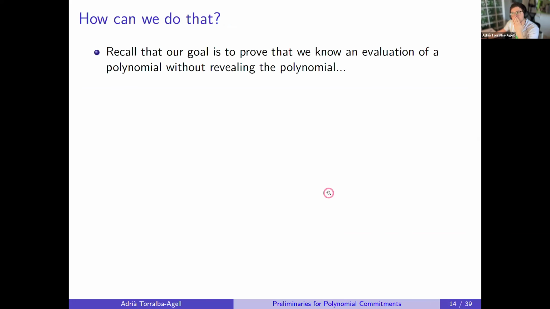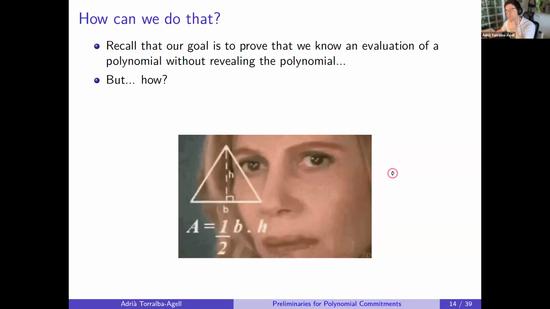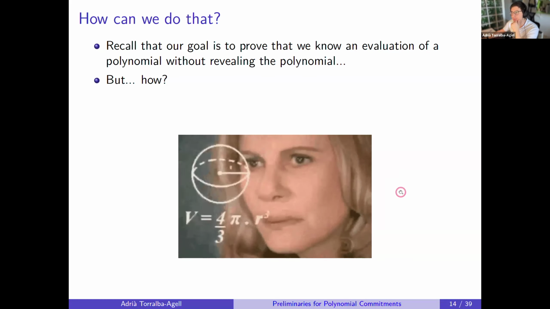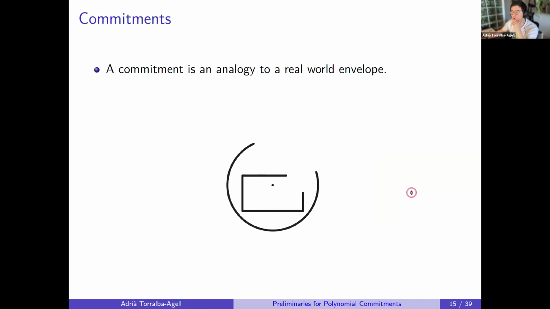Now, recall, please. Our goal is to prove that we know an evaluation of a polynomial without revealing the polynomial, okay? But the question is how? I mean, how are we going to do that? Well, the answer to this is commitments, okay?